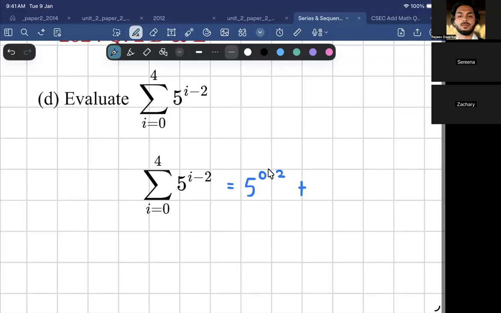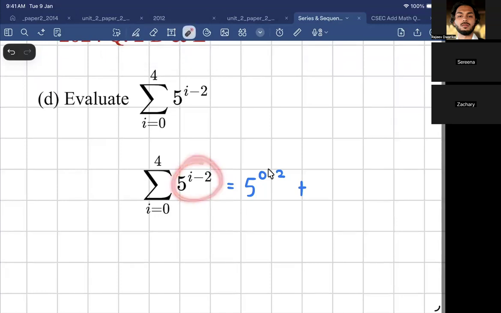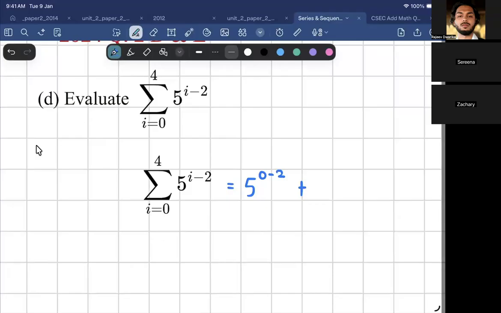No. So you generated your first term. What's the next number I'm going to plug into this? So 0 to 4. So after 0, what else? You plug in 4. No, you're going from 0 to 4. So what's after 0? 1. Right. So your next term will be 5 to the power 1 minus 2.